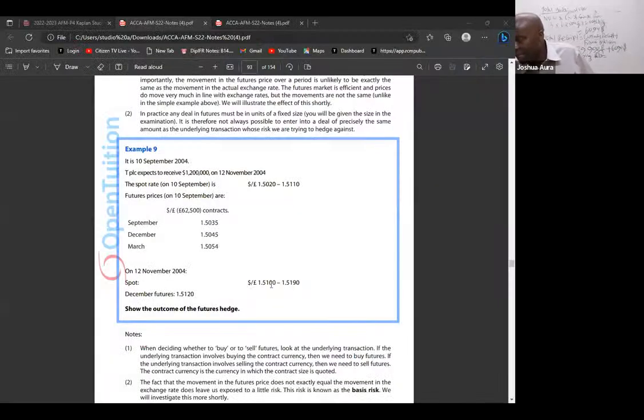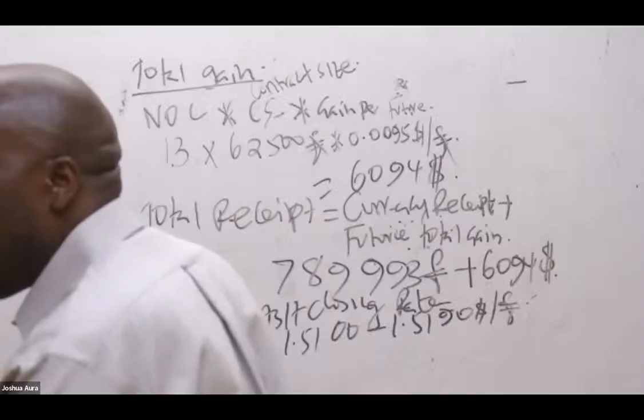Remember here the spot, the cash or currency. It's 1.5100 to 1.5190 per pound. Haya, nakumbukeni mkaniambia mwalimu kwamba company is supposed to be in the UK.